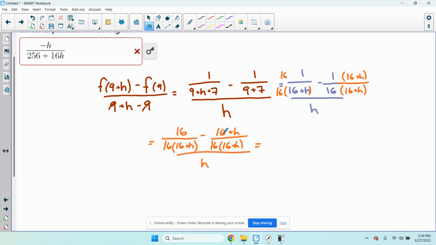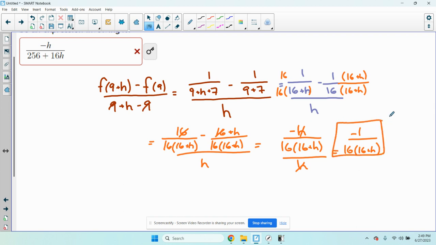This is 16 minus 16, let's cross out, negative h over 16 times 16 plus h over h. The h's are going to cross out. You're left with -1 over 16 times 16 plus h, which I think if you distribute this, the only issue is this top should be -1, not -h.